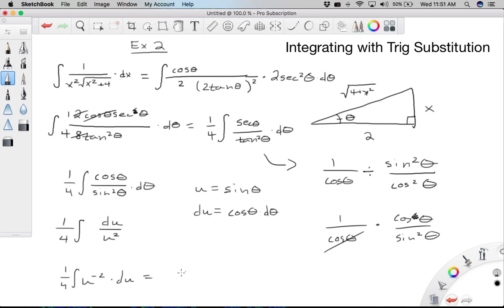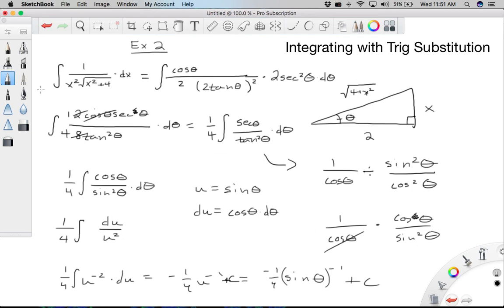And this is actually pretty easy to work out. It's -1/4 u to the -1. And then we plug in sine theta for u. So we get -1/4, oh, I'm sorry, this should be plus a constant, right? -1/4 sine theta to the -1 plus a constant.